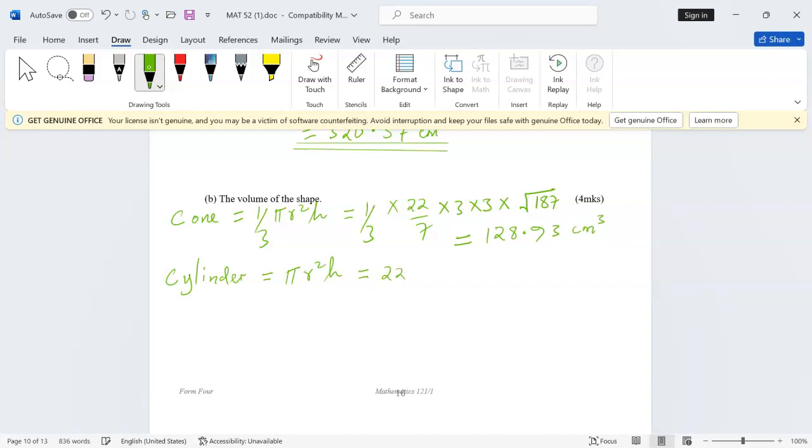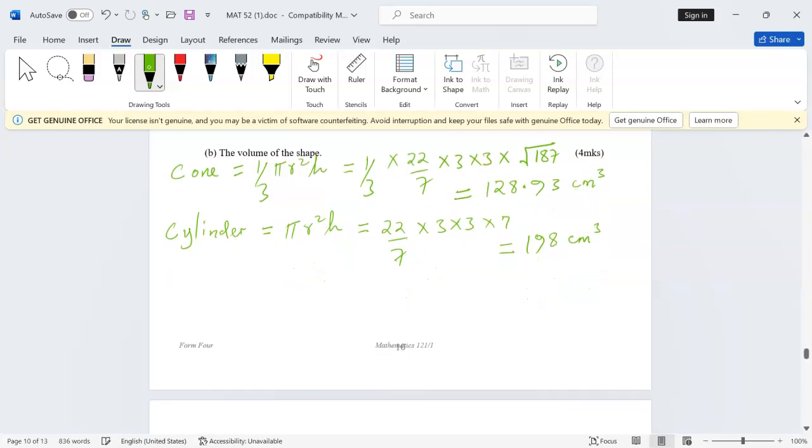So we need pi radius squared multiplied by the height, which is 7 for the cylindrical part, as we have already calculated. In this case, we're going to get 198 cubic centimeters.